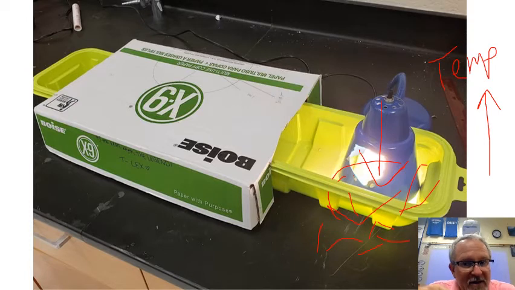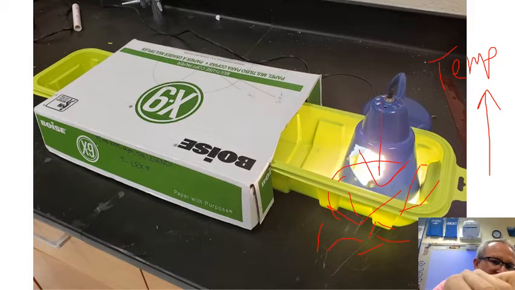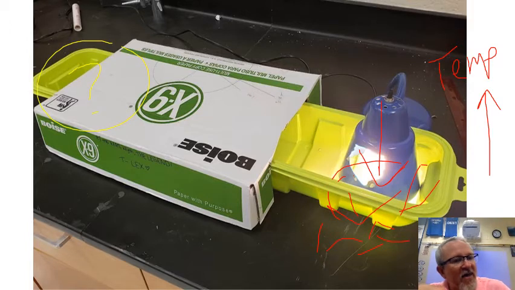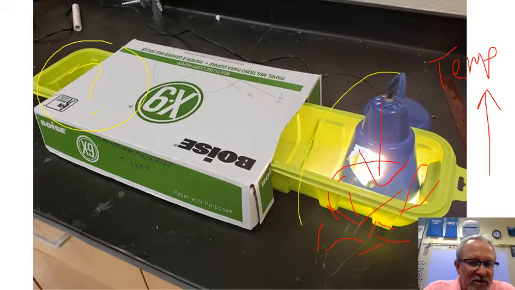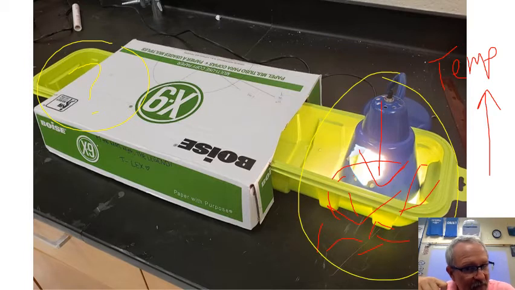And we know that if you put something under a light and it gets more energy, the temperature is going to go up. What we need to explain is this situation over here. What happened on that side? Because it didn't get any light. So why did its temperature go up if it wasn't getting energy? All of the energy was over here.